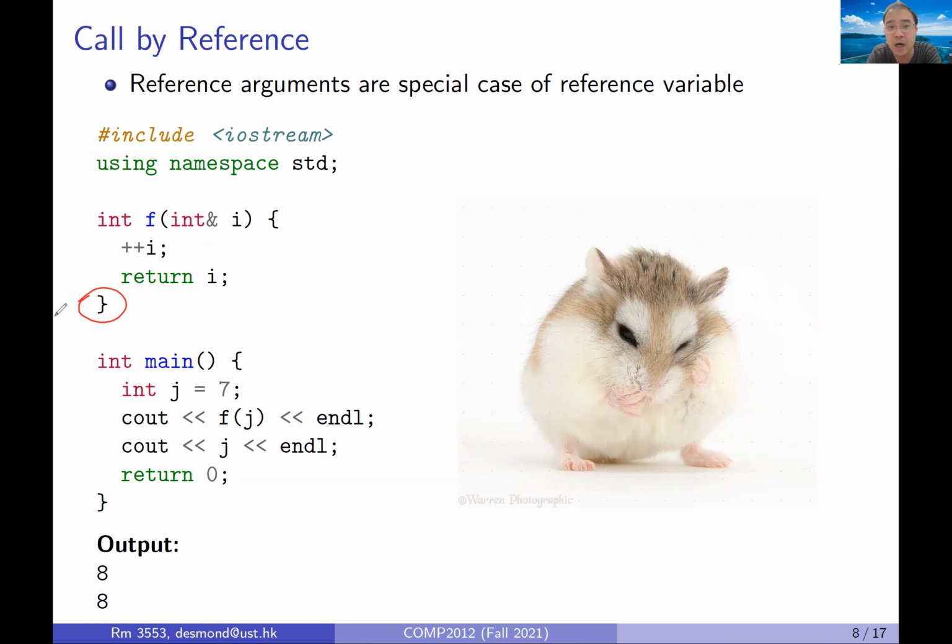Before leaving the function, that means here, that means return i, you need to kill i, because i is a local variable. Why local variable, Desmond? Because i is a parameter. Parameter means local variable. Then you need to kill i. That means you kill name and term.